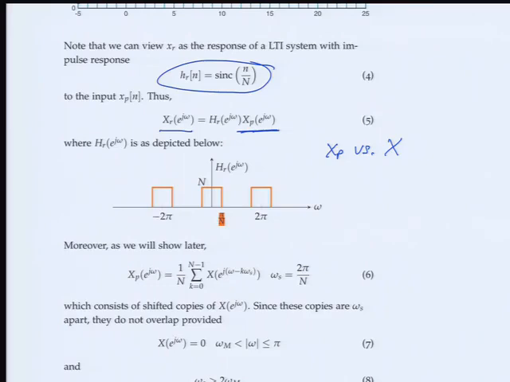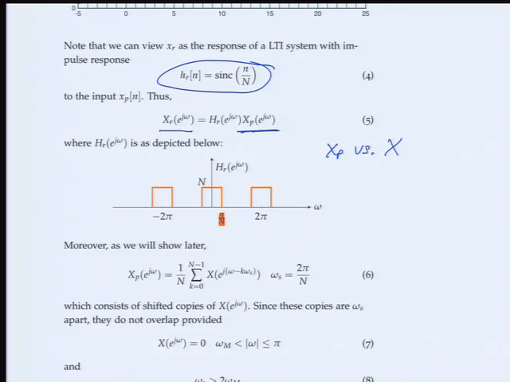Everything is analogous, okay? So we take this X_p, it's going to look like this, we low-pass filter it. And the cutoff of the low-pass filter is half of omega_s. Okay? And then we ask, have we recovered the original signal?